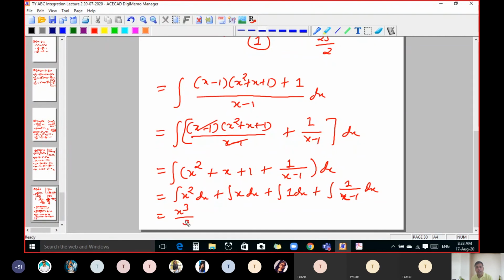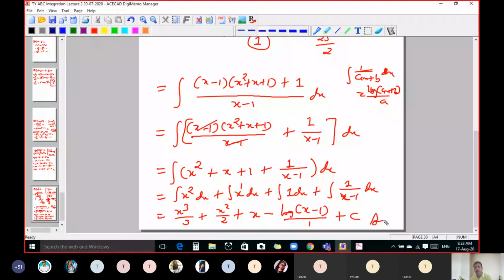It is x cubed by 3 plus, power is 1, so x square by 2, plus integration of 1 is x. For the last term, use the rule integration of 1 upon ax plus b, whose answer is log of ax plus b, upon a. Here a is 1 and b is minus 1. So the answer is log of x minus 1 upon the coefficient of x, which is 1, plus c. This is our final answer.